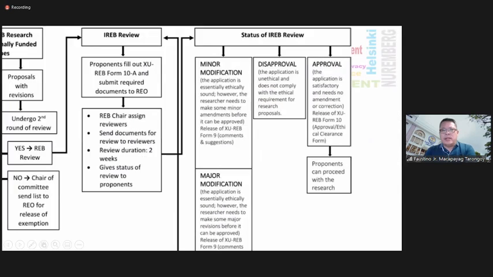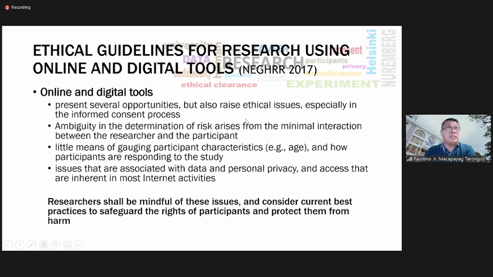Now, I hope I actually exceeded my time, but just for this one, because I think this is very significant for you, especially now that you cannot do your individual face-to-face. If you have research that involves gathering of data through questionnaires, survey or focus group discussion, since we are employing online digital tools, this itself presents another layer of ethical issues.